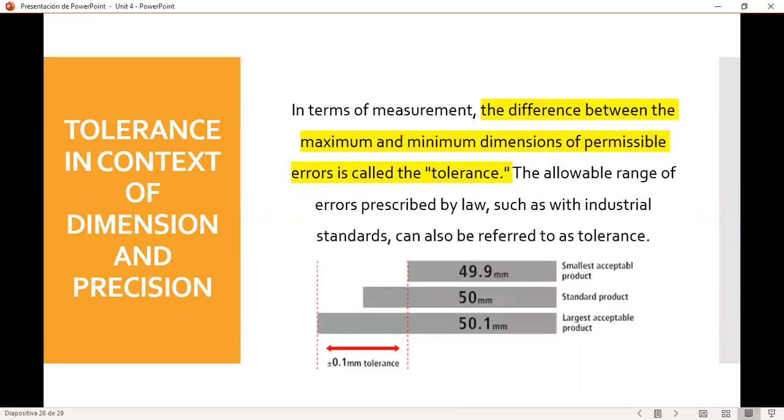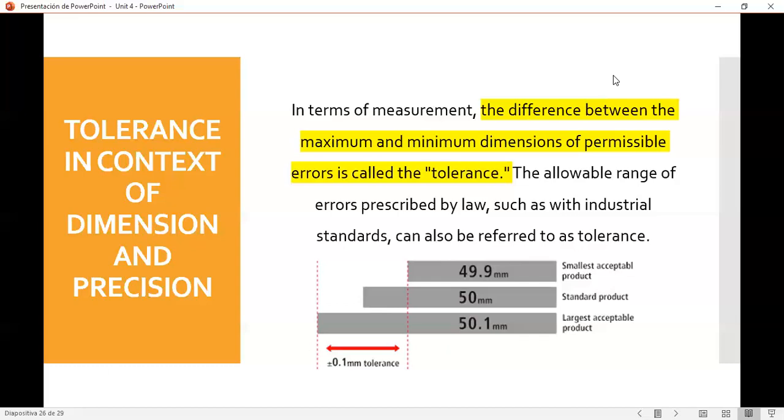It says tolerance in the context of dimension and precision. Could you please read what is in the paragraph? In terms of measurement, the difference between the maximum and minimum dimension of permissible errors is called the tolerance.